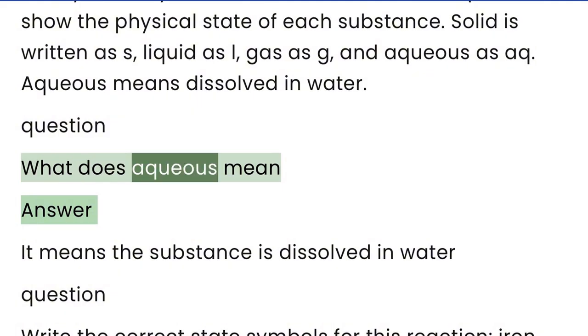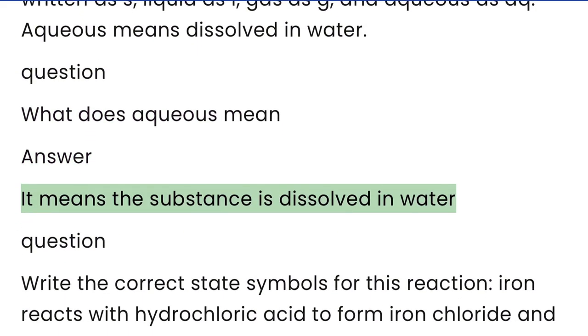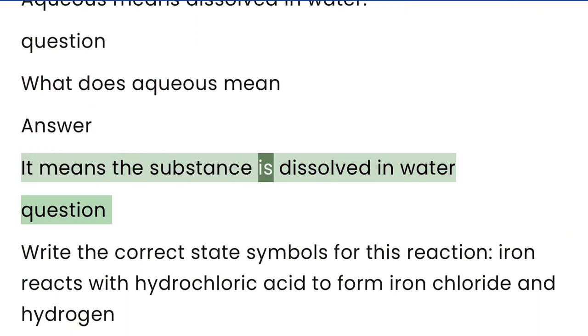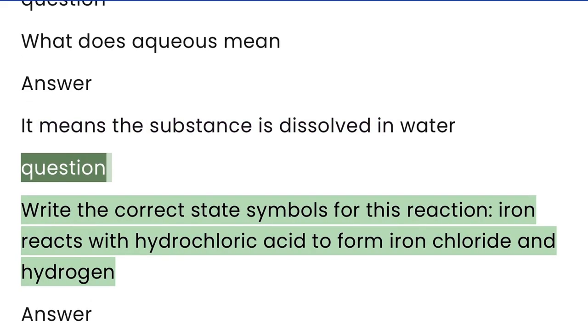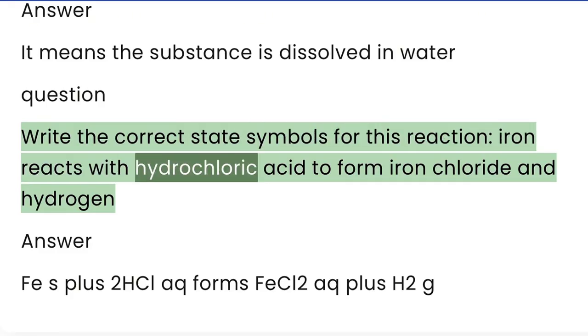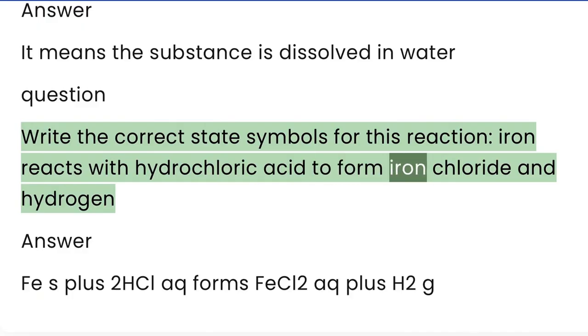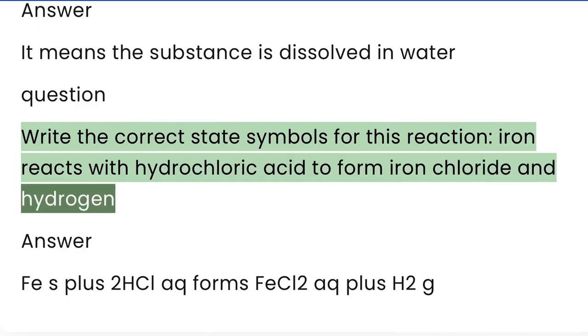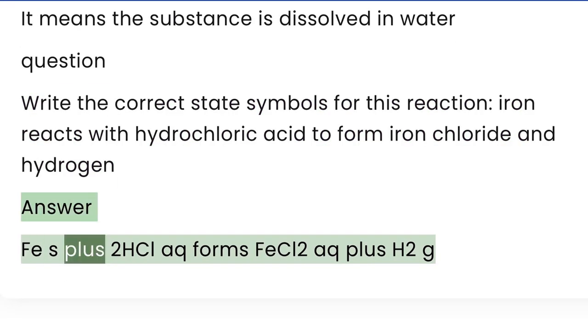What does aqueous mean? It means the substance is dissolved in water. Question. Write the correct state symbols for this reaction. Iron reacts with hydrochloric acid to form iron chloride and hydrogen. Fe(s) + 2HCl(aq) → FeCl2(aq) + H2(g).